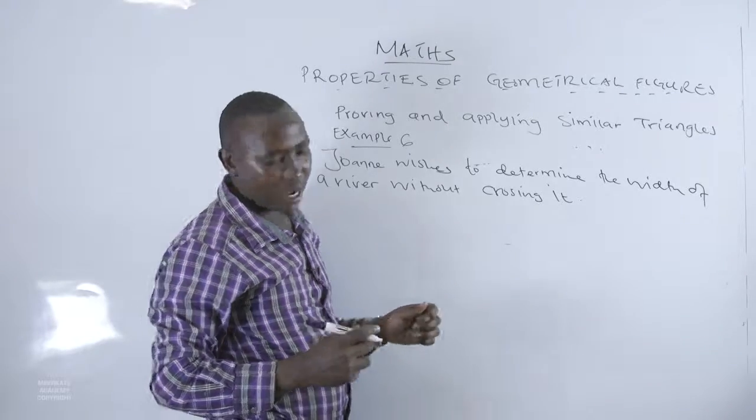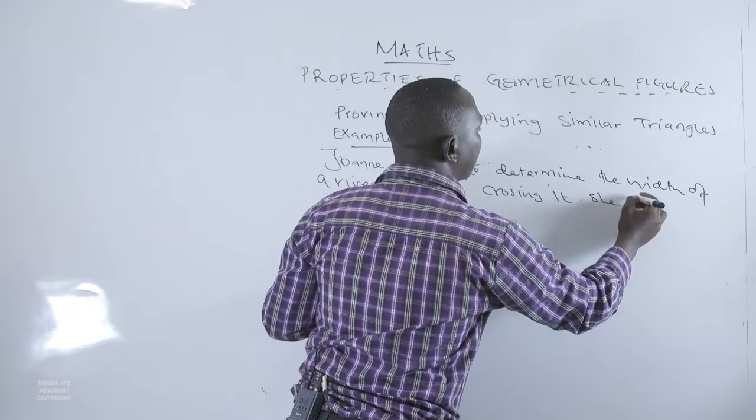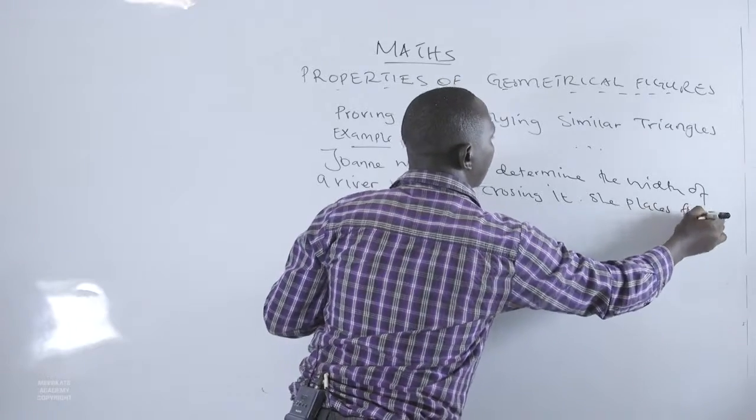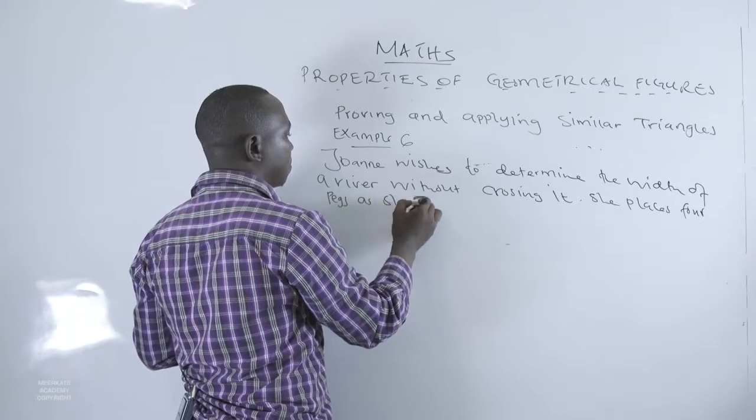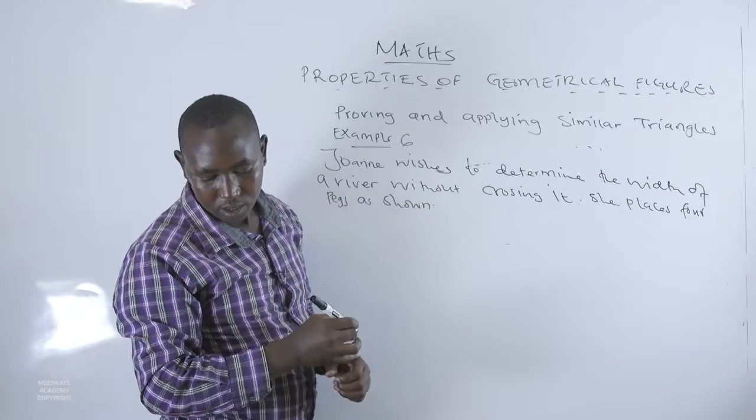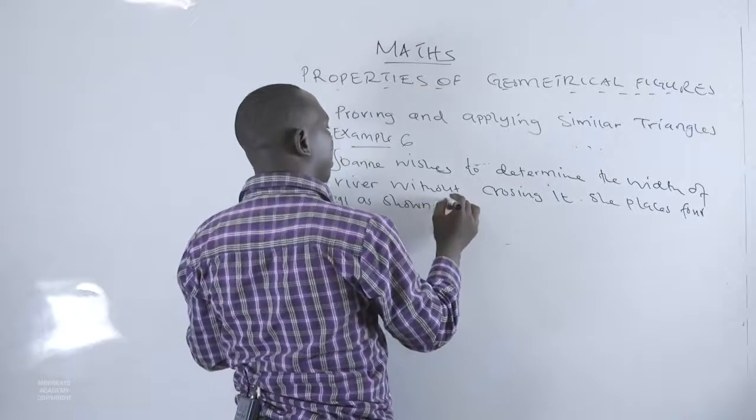She places 4 pegs as shown. Calculate the width of the river.